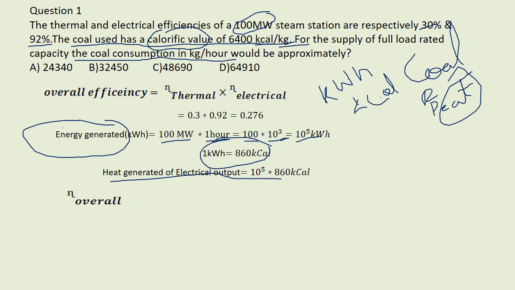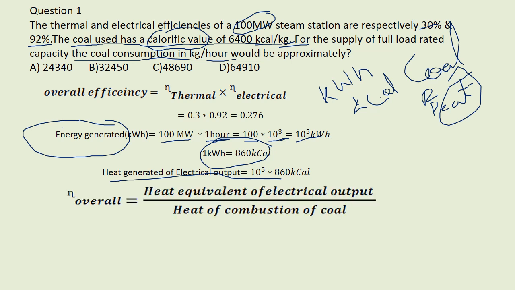Now we know the overall efficiency is the heat equivalent of the electrical output divided by the heat of combustion. We already know the overall efficiency, and we already know the heat equivalent in electrical output. So we will find the heat consumption of coal.